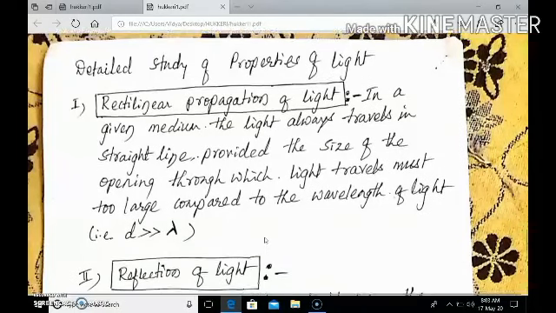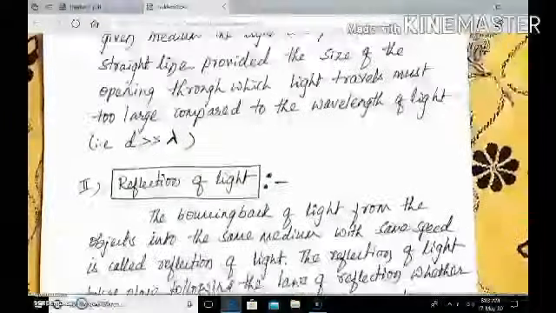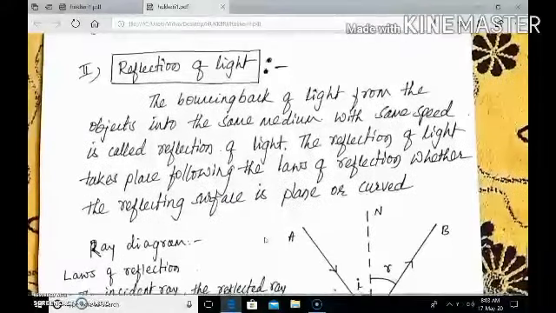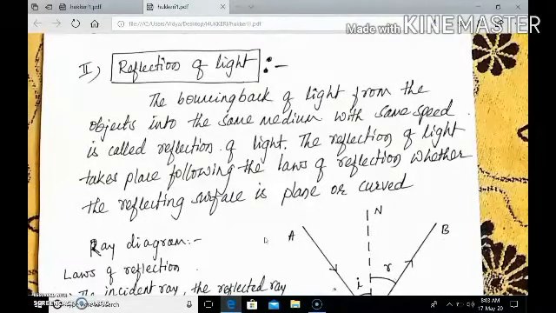Second property of light, that is reflection of light. If you throw a ball against the wall, it bounces back. Likewise, the light particles falling on an object bounce back into the same medium with the same speed.